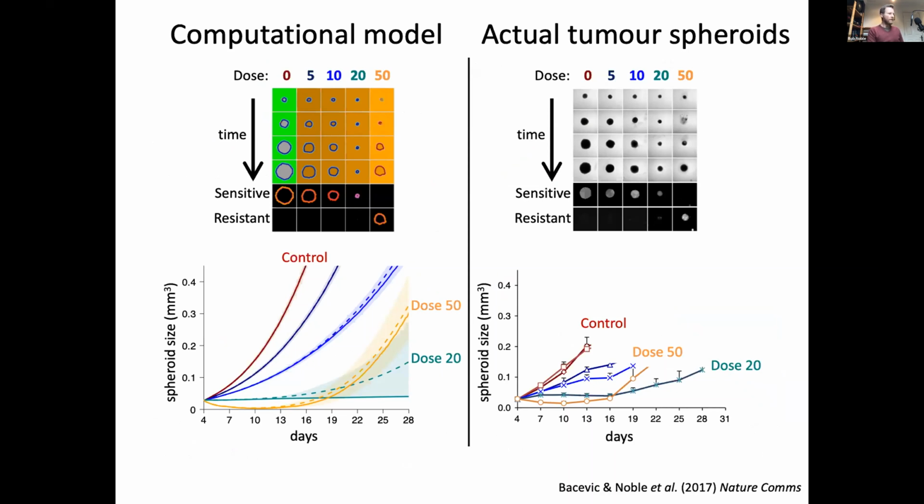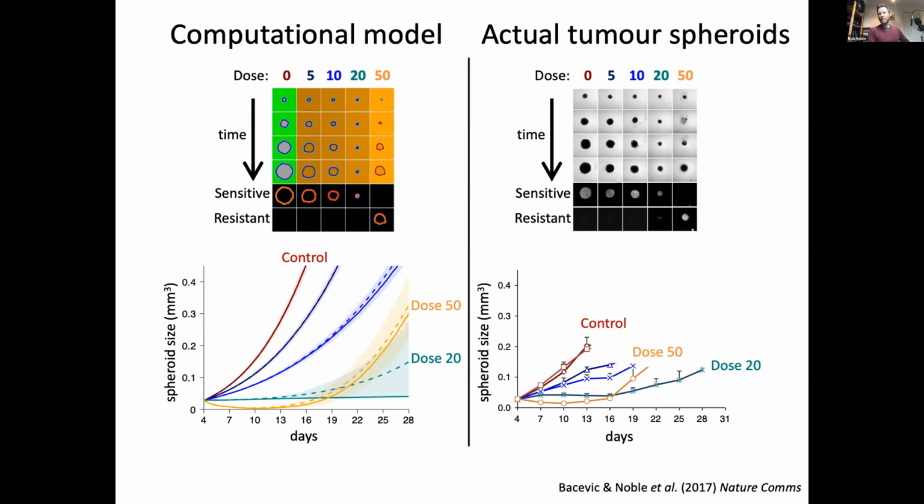The blue lines are very low doses, essentially too low to control the tumor. The orange line is the very high dose that kills the sensitive cells but allows the resistant cells to escape. And dose 20 is this intermediate dose that was able to arrest tumor growth. You see on the left that dose 20 is generally optimal, and on the right, we see that the actual tumor spheroids followed the same pattern.